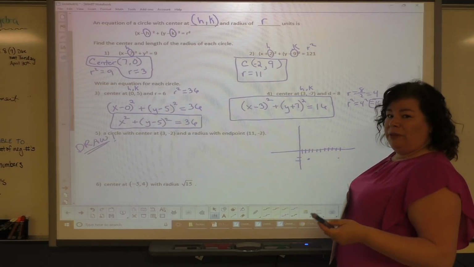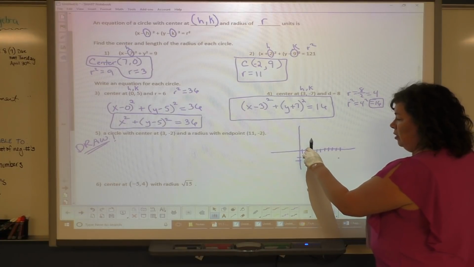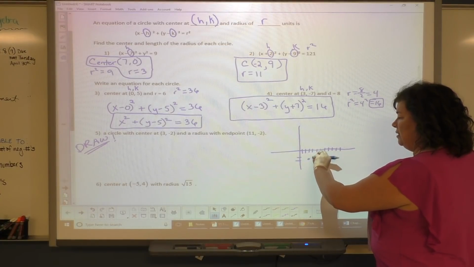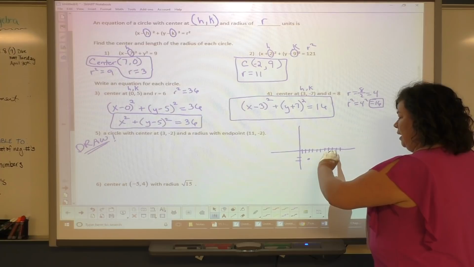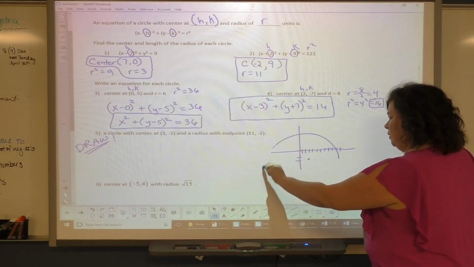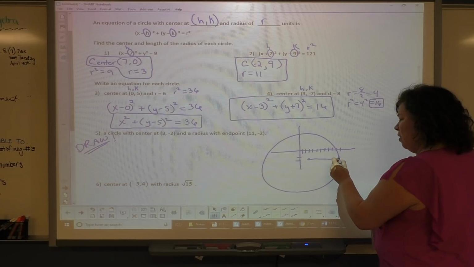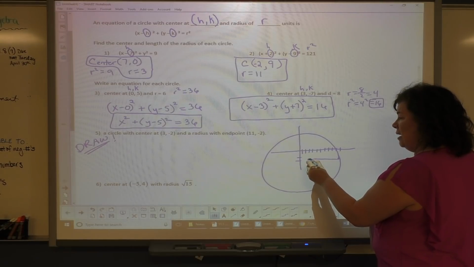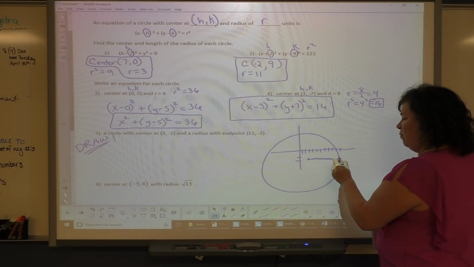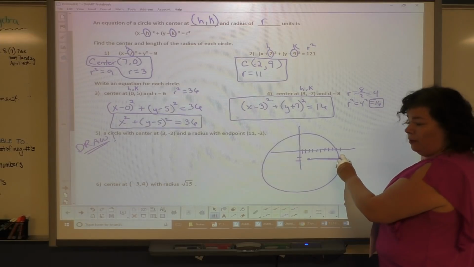So basically what this is saying is this circle is going to rotate around its center, and it has an endpoint that looks something along these lines. So if I were to draw this, the radius has a center here, and the endpoint is there.